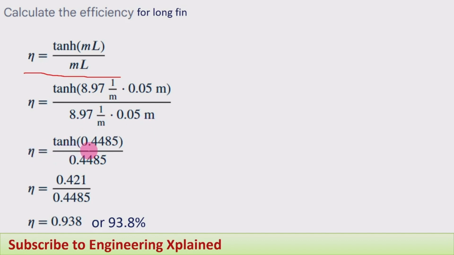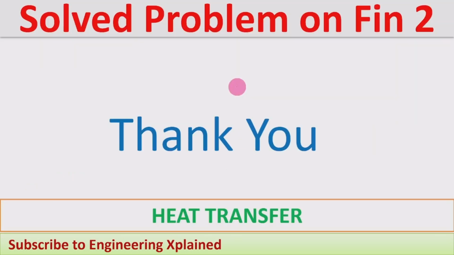That is equal to tanh of 0.4485 by 0.4485, that is 0.421 by 0.4485, and after the calculation we are going to get 0.938 or 93.8%. This is about the efficiency of the pin.